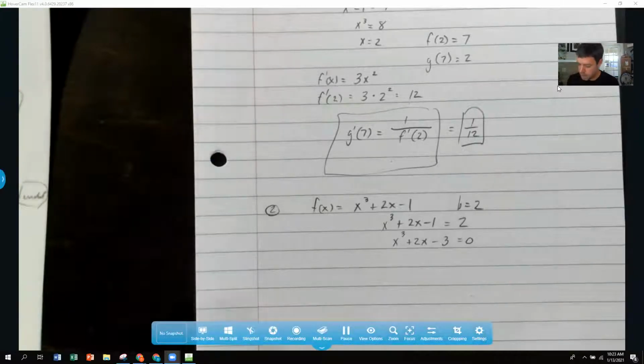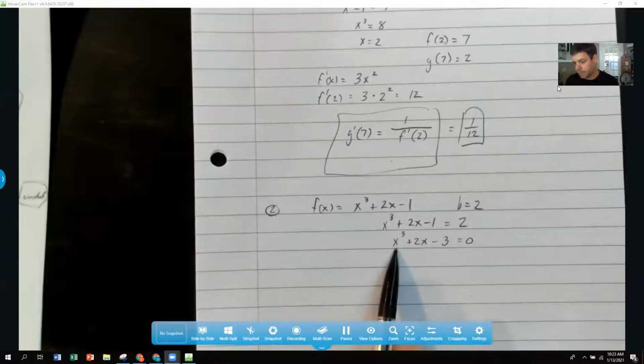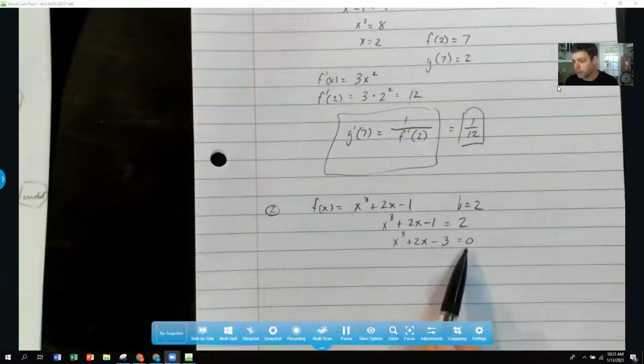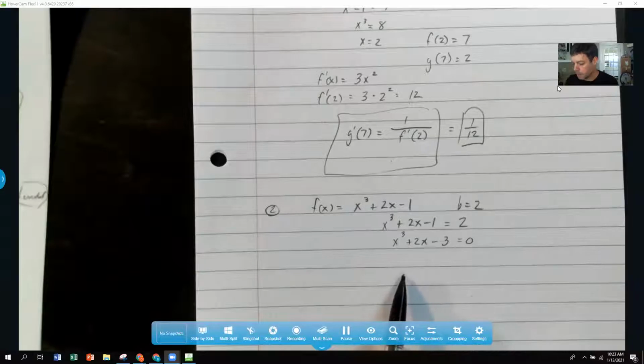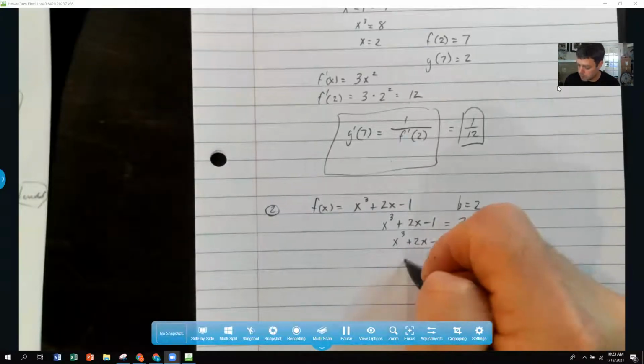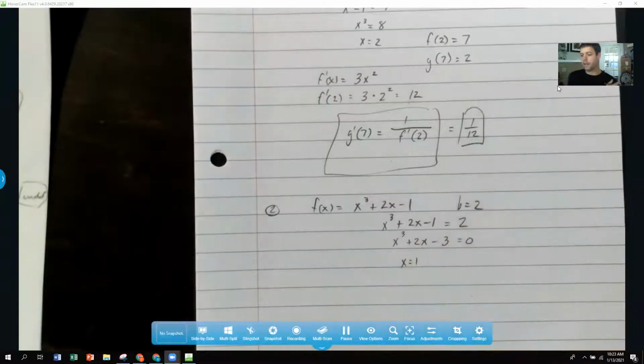Okay. I'm just going to look at it and think through some numbers. If x was 0, would this be true? No. It would give you negative 3 equals 0. How about if x equals 1? 1 cubed is 1, plus 2 is 3, and then 3 minus 3 equals 0. So there's your answer.